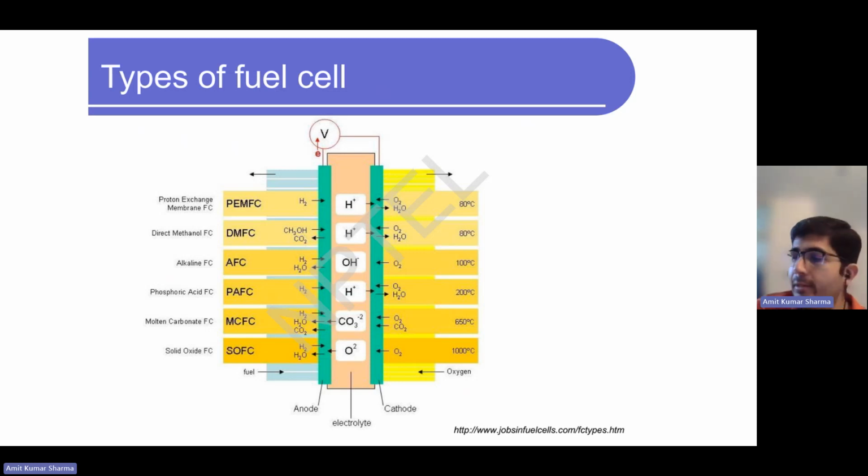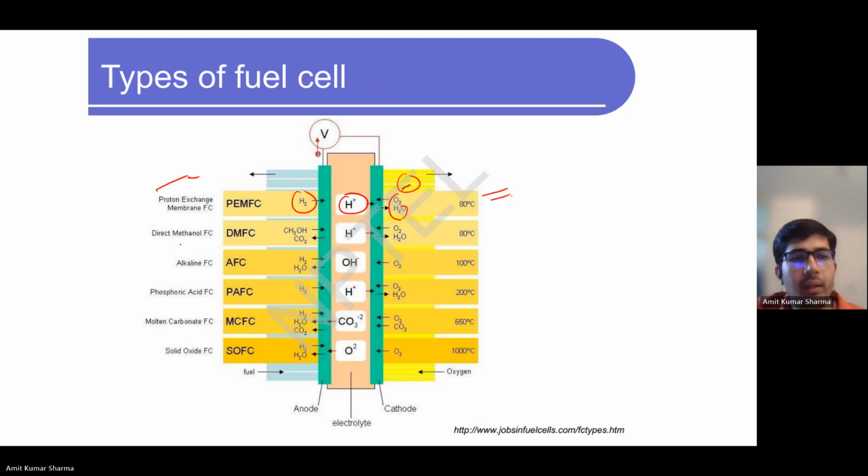The first one is the proton exchange membrane fuel cell. Here the operating temperature is around 80 degrees centigrade, the fuel is hydrogen on the anode side, H2O is the output, O2 is supplied on the cathode side, and the electrolyte passes the H+ ion.